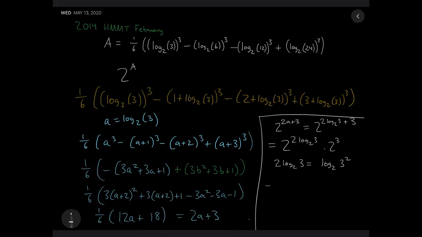So now what you're left with is 2^(log_2 9) times 8. Now, 2 to the power of log_2 of 9 is going to cancel out. You're just left with 9 times 8, which is 72. That's your answer.